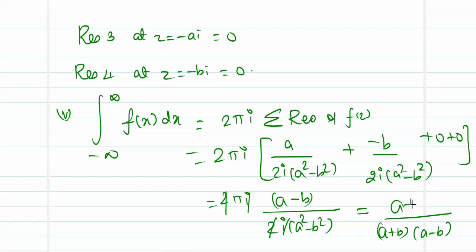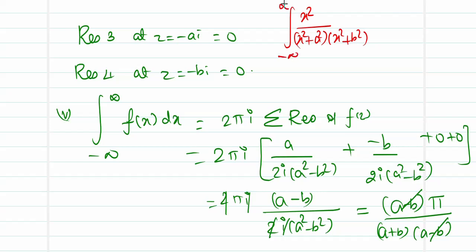And now I have a numerator a minus b and a pi over here. a minus b can be cancelled off. Hence, what do I have finally as integral of x square divided by (x square plus a square) into (x square plus b square) between minus infinity to plus infinity, dx, to be equal to, numerator is going to be pi and the denominator is going to be a plus b.